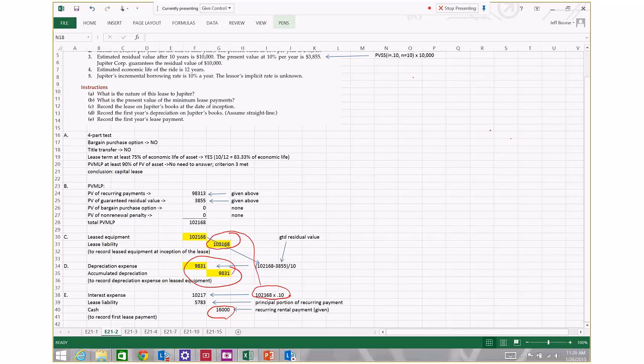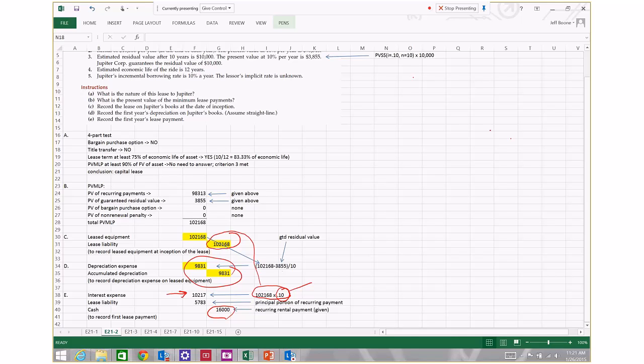And then we're going to multiply that carrying amount of the lease liability at the beginning of the year, the portion that was outstanding throughout the year accumulating interest, times the appropriate discount rate here, which is 10%. That's the lessee's incremental borrowing rate. That gives us the amount of interest expense that we need to recognize, 10,217.